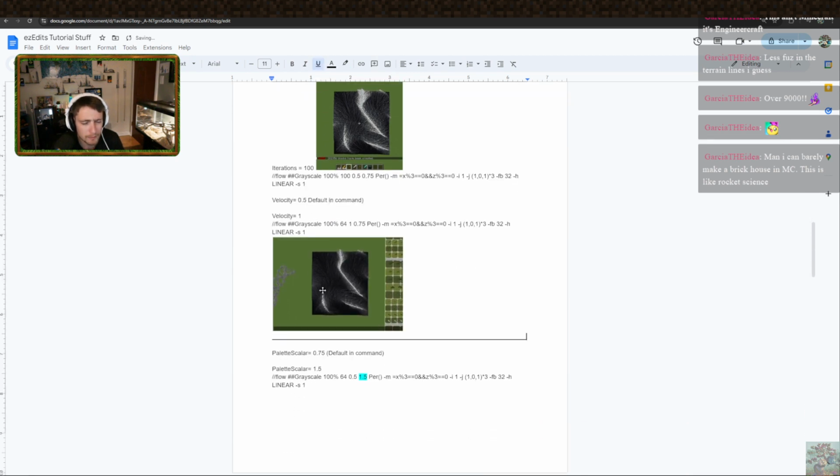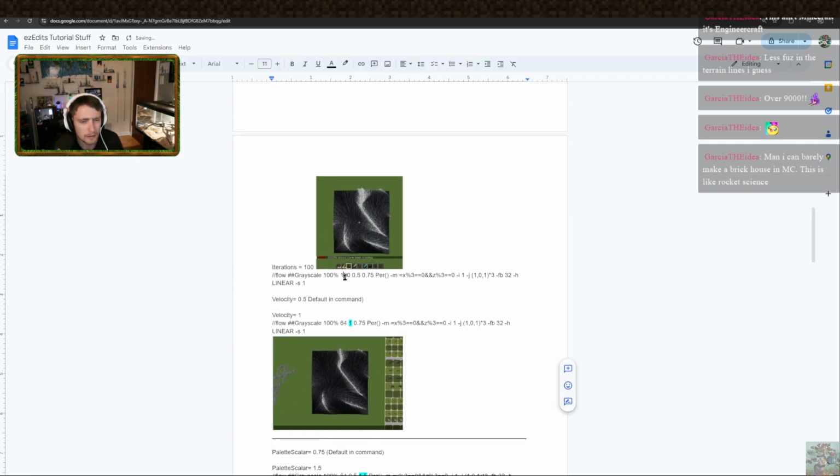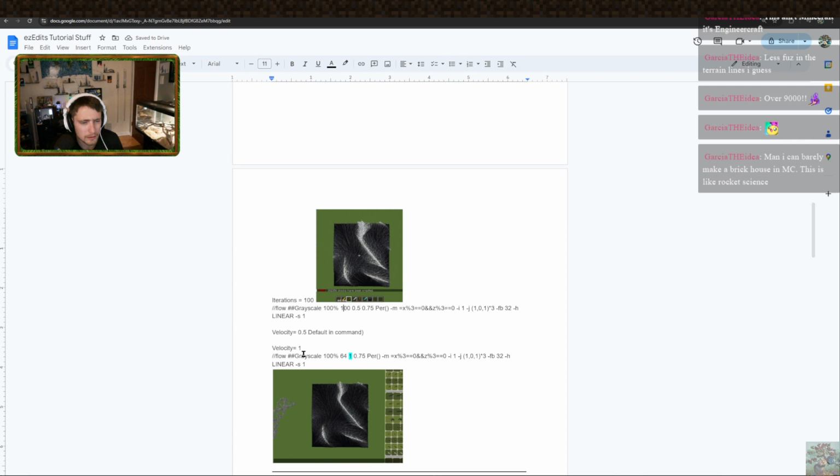So I think this is where we need our line. Velocity is going to be this one. Okay. And I think that's where we need a line. Yeah, iterations. So now 100. Boom. Blue.